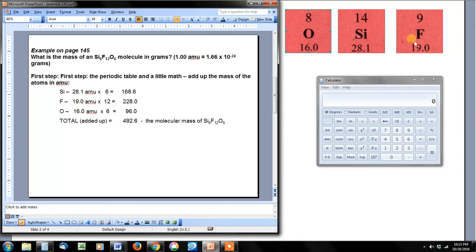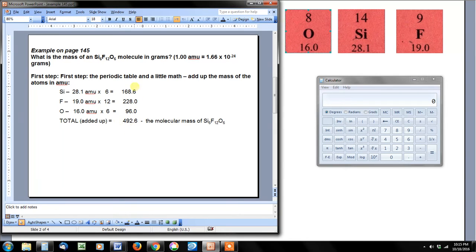Fluorine, we can see over here, the atomic mass, meaning the mass of one atom, is 19.0. Again, we have 12 here, so we do 19.0 AMU times 12 to get 228.0. Same thing with oxygen, the atomic mass, 16.0 times the number of atoms, 6. 16.0 times 6 is 96.0.